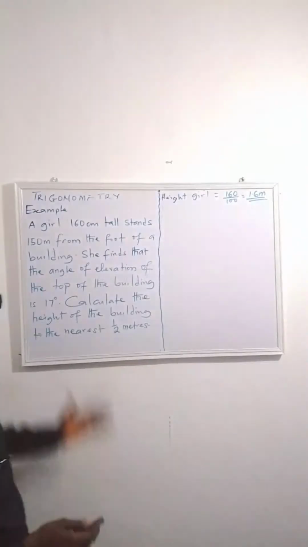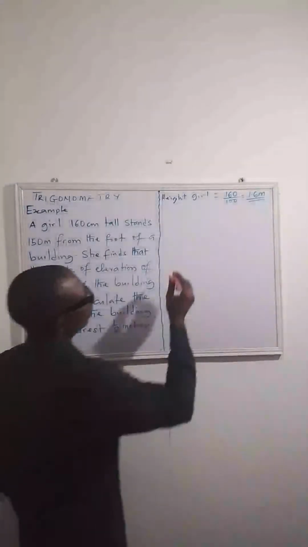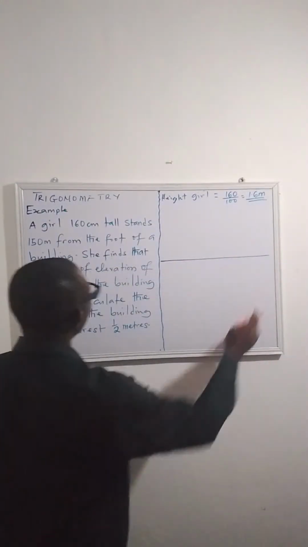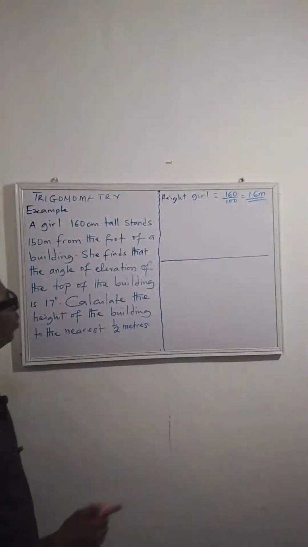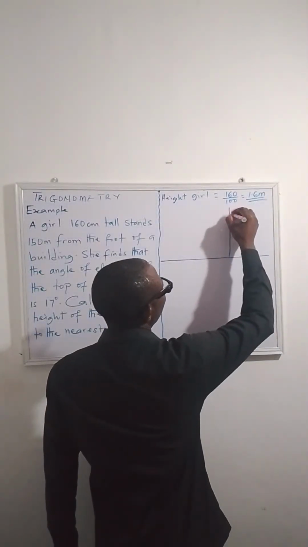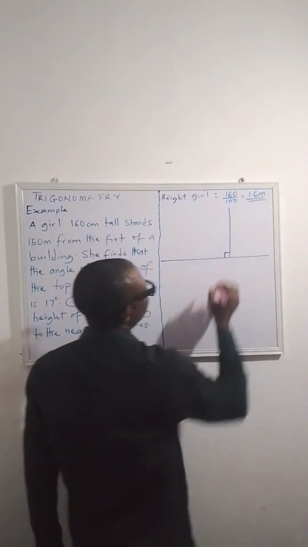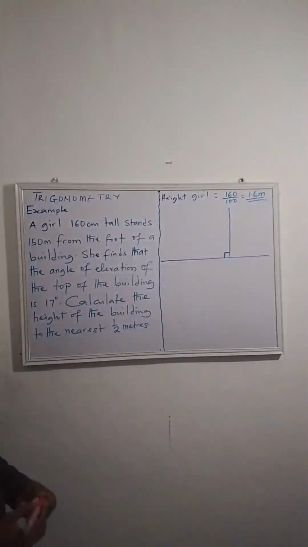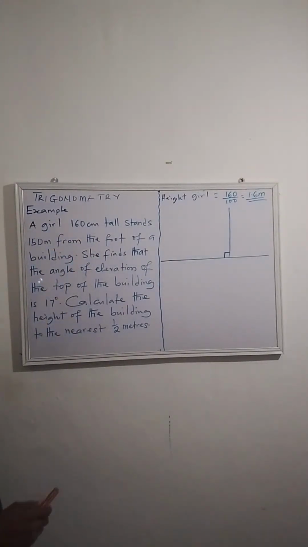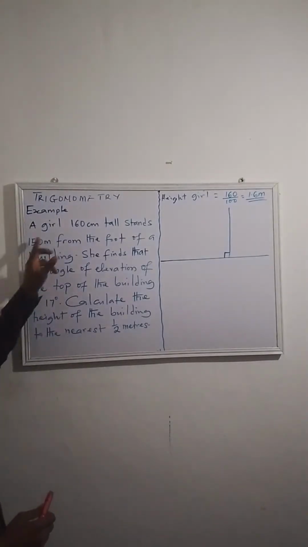Now let us display that here on our diagram. This is a horizontal graph where we have a building. The building is assumed to be perpendicular to the horizontal level. Now we have a girl who is 1.6 meter tall.